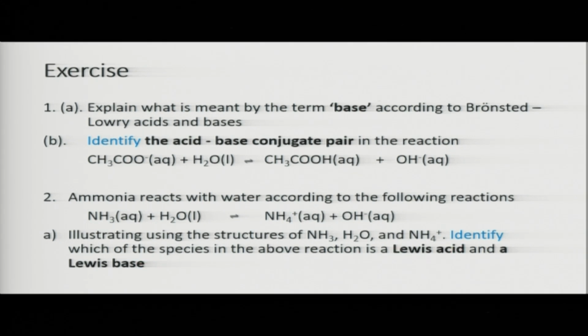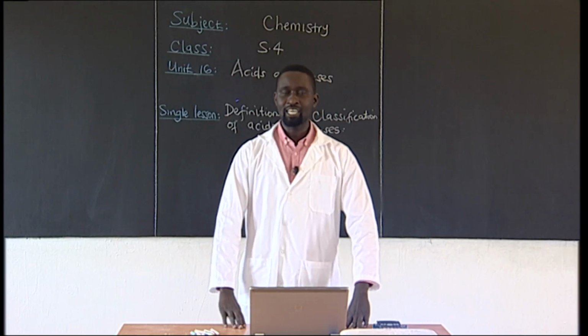Meaning, you need to understand what is a Lewis acid and what is a Lewis base, then look at the structures, know which one is going to donate and which one is going to accept electrons, then you can identify the correct answer. That is a high-level understanding. I hope you will follow it up and get the answers.